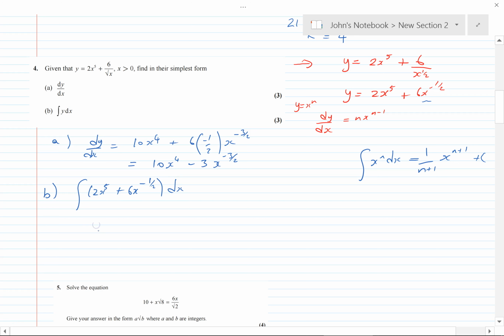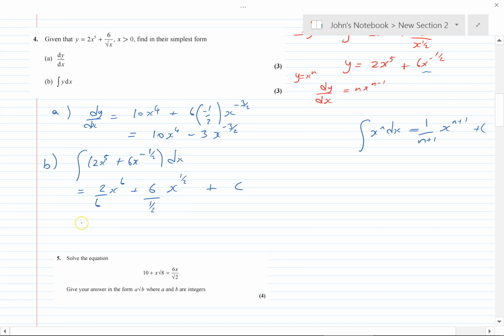Here with the 2x to the 5 we've got the power of 5, so we're adding 1 to that. So that's 2 over 6 x to the 6 plus 6 x to the minus half, add 1 is a half, divided by a half, plus, don't forget the constant, we need that constant.